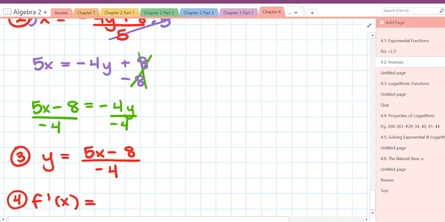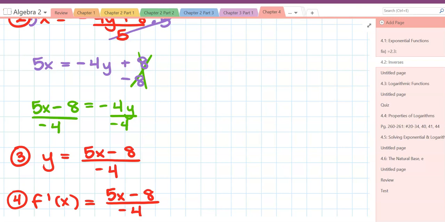Now again, you guys can leave this as a big fraction. If you would rather separate it out, you can do that. It doesn't really affect the answer at all, whether you leave it as one big fraction or put each number over that negative 4. If you do put each one over negative 4, just make sure that you simplify if you can.